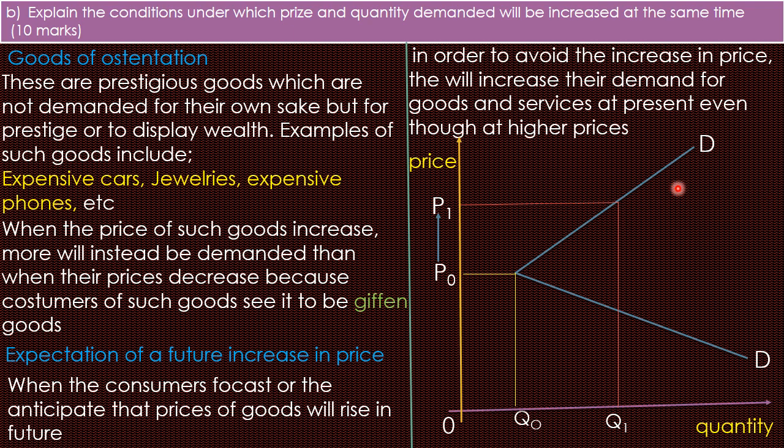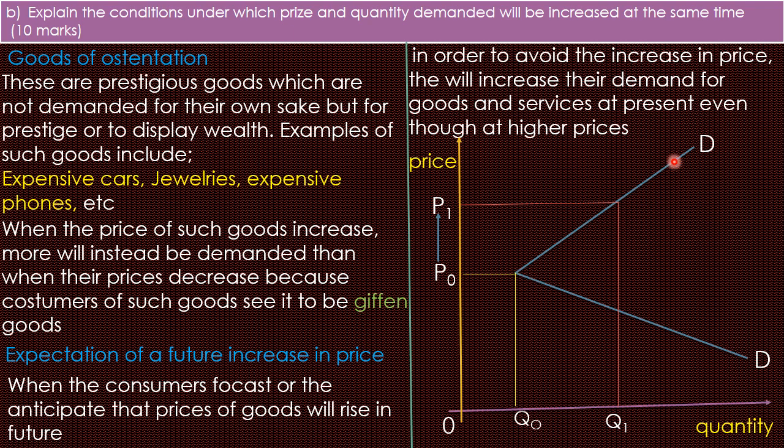And guys, you can see that this is a case of an abnormal demand curve, because a normal demand curve normally slopes downward from left to right, but in this case we are seeing two features. We are seeing a part where it slopes downward from left to right, that is from here to here, then another part where it has the shape of a supply curve.